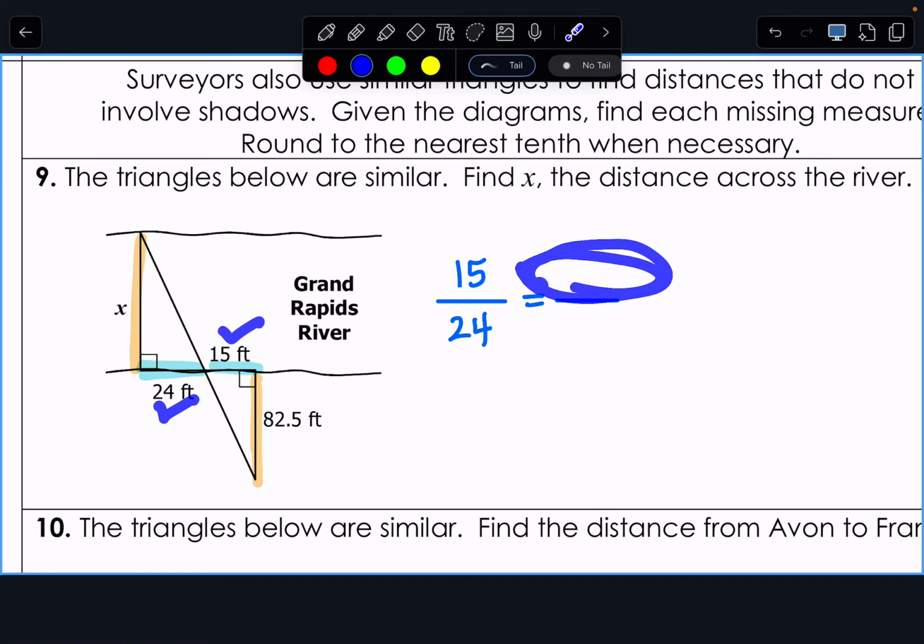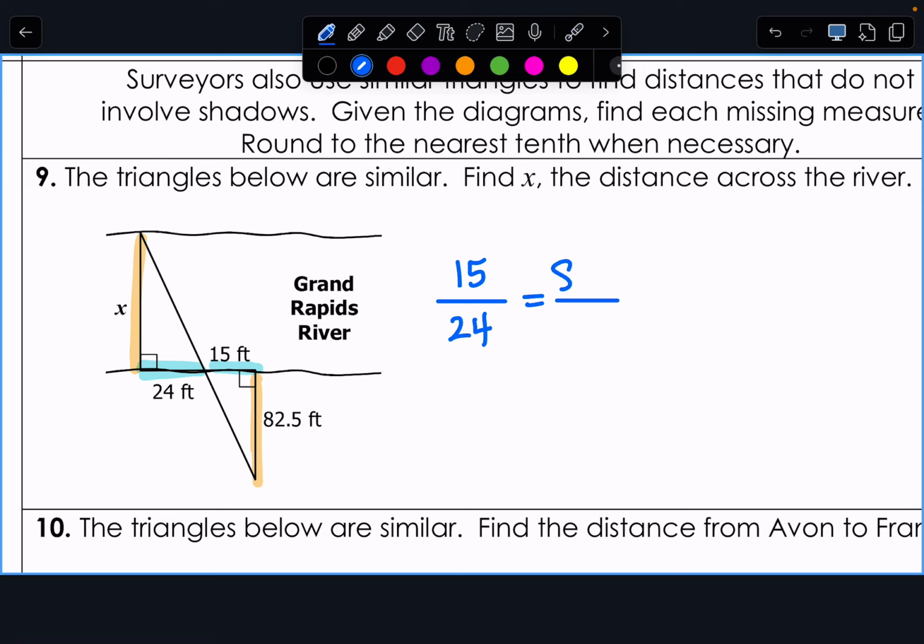You have two choices. The 82.5 over X. If we go from the triangle on the bank to the triangle in the river, we have to keep that same order when we set up the second ratio. Okay, go ahead and cross multiply, solve that proportion, please.